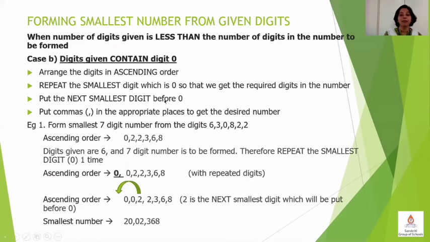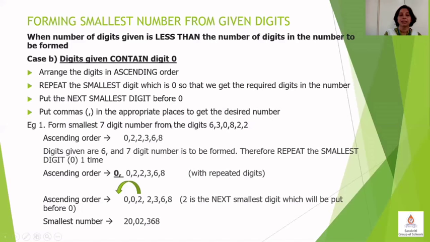Okay, and after we repeat the digit 0, what are we going to do? We are going to put the next smallest digit before 0. And why are we going to do that? Because we cannot have any number starting with 0. And the last step is we put the commas in the appropriate place to get the desired number.